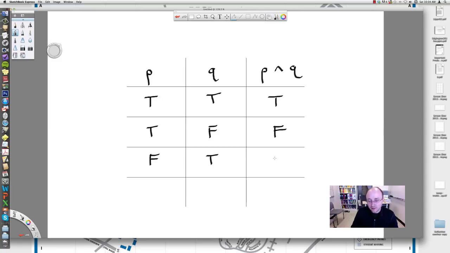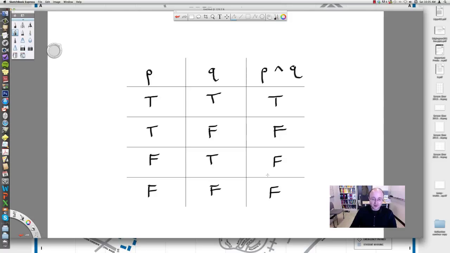And then, of course, the entry for the third column should be false, because if P is false, then P and Q had better be false. Finally, we consider the last possibility, false and false. And, of course, if both are false, then P and Q has absolutely no hope of being true, so it is false. So that's the truth table for the connective AND.